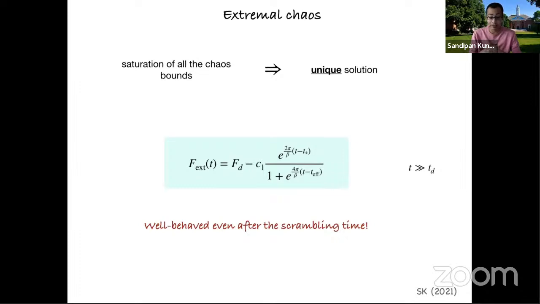You can actually write down all these constraints, as I showed you, in terms of the moments, and from those constraints, you don't even have to assume anything about the functional form of the OTOC. The structure of those constraints is such that there is a very non-trivial way to saturate all of them.